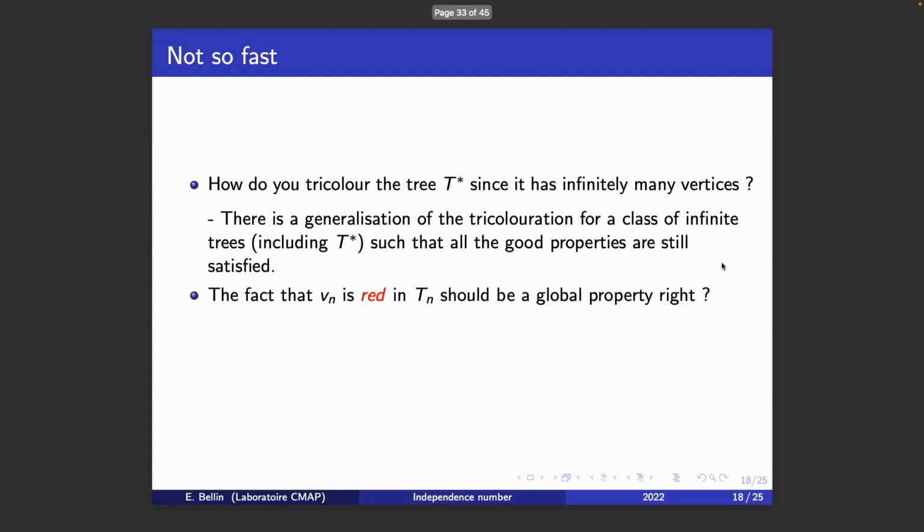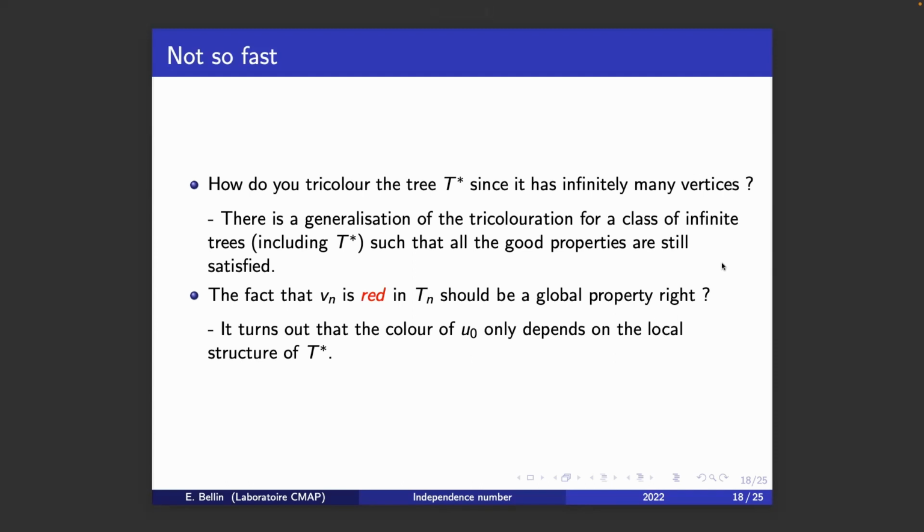I'm vague on what is a good property, but later I will explain what I typically call a good property. And the second question is that intuitively we want to say that being red or being green or being orange is more a global property of the tree. You need to know all the structure of the tree, but it turns out once again that we are lucky, because in T star, being red for u0 is only a local property.